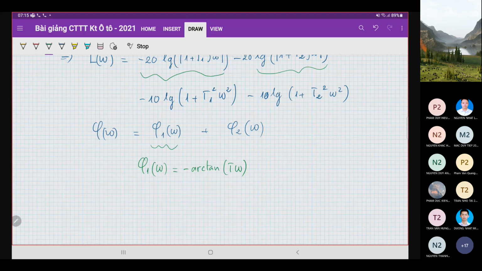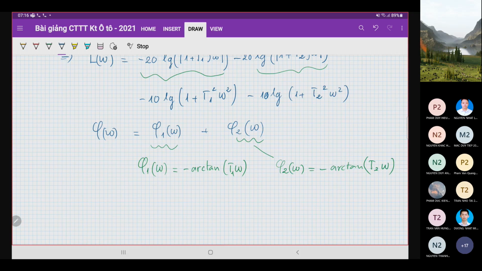And the same as this one, we have phi 2(omega) will be equal to minus arctan of T2 omega, right?